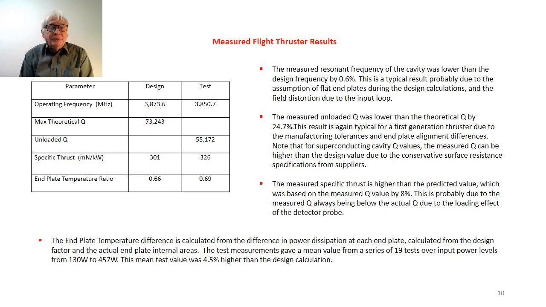The first thing that we look at is the operating frequency. And you can remember that we said the design frequency at the end of the optimization process using the spreadsheet was in fact 3,873.6 megahertz.